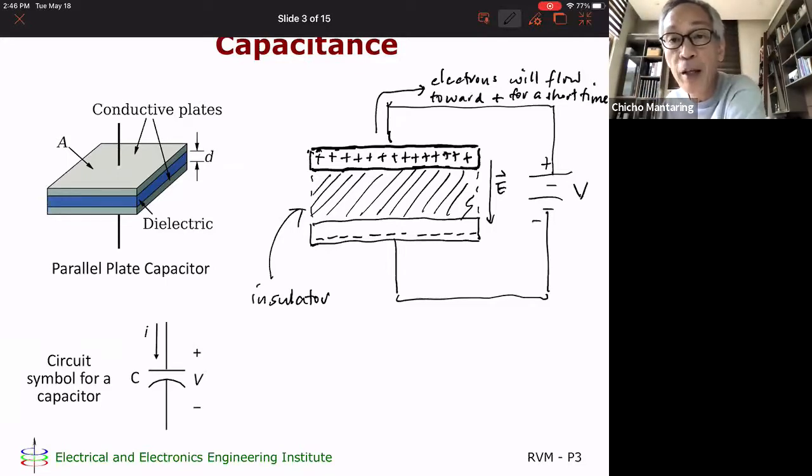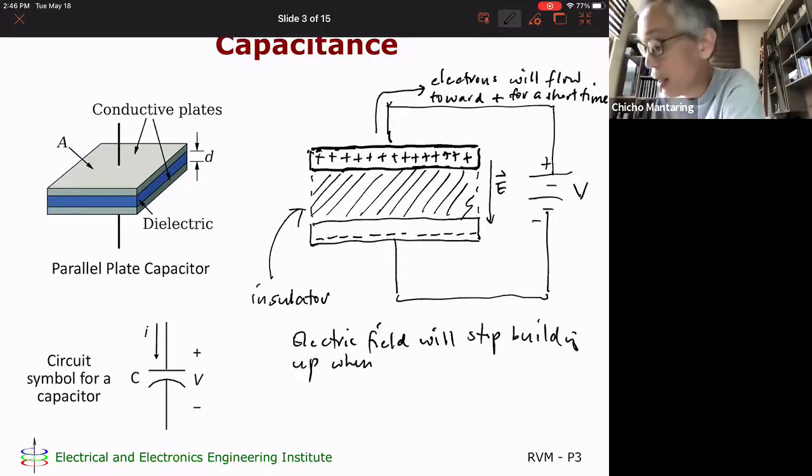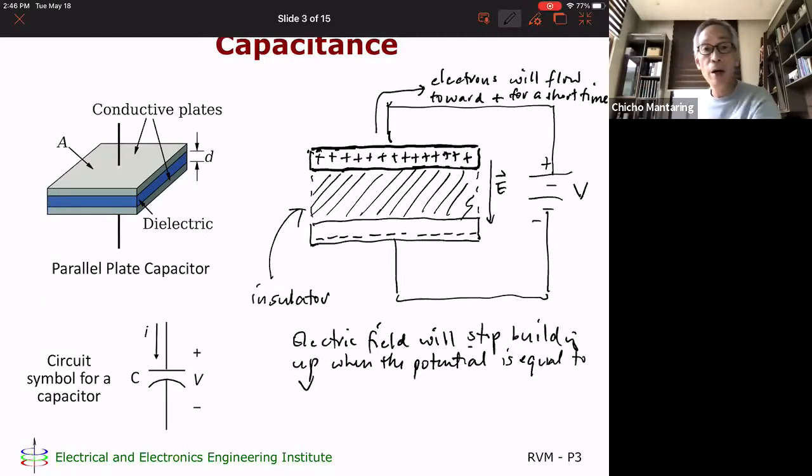Now, when will the electric field stop building up? Electric field will stop building up when the potential across the capacitor is equal to V. That's the potential across the capacitor.